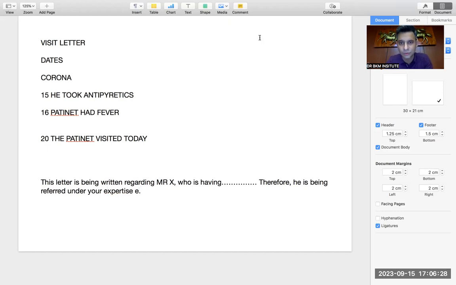But even if it is not a visit, you will ask me, sir, what about the things on 15th? Normally we write on first visit. Don't write on first visit if it is given on 15th. You say on 15th September the patient was having this thing. The only change you have to make is that you don't say on first visit.